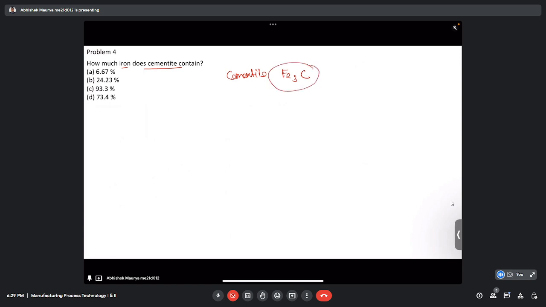Here we have 3 atoms of iron and 1 atom of carbon. The weight of iron is 55.84 gram per mole, and similarly the weight of carbon is 12.01 gram per mole.